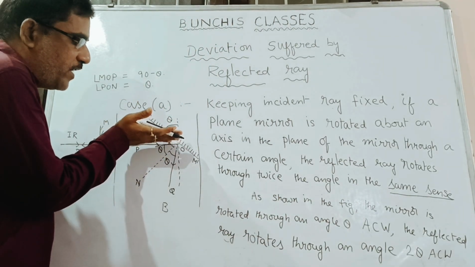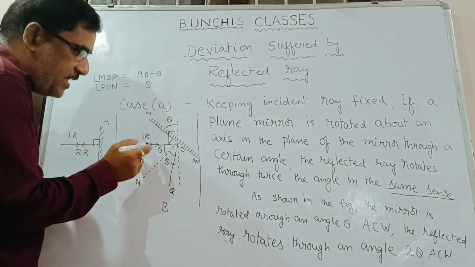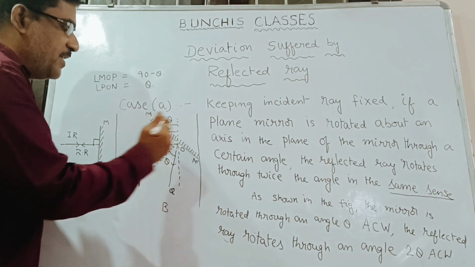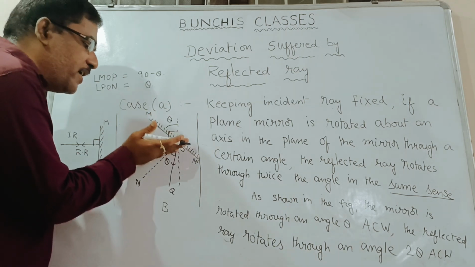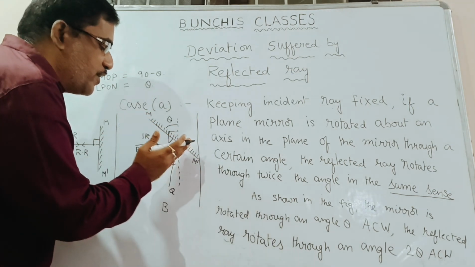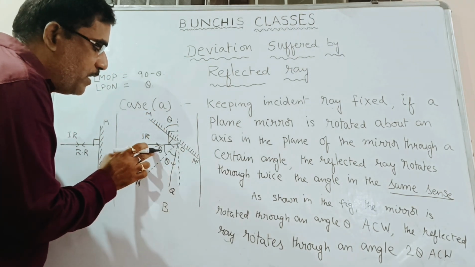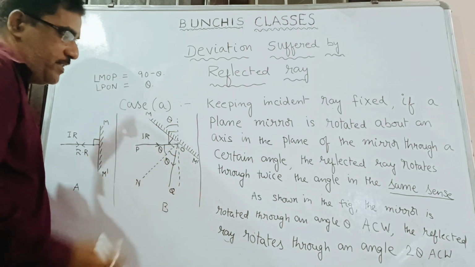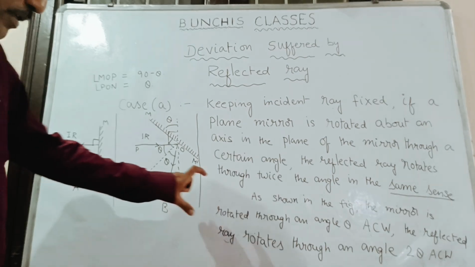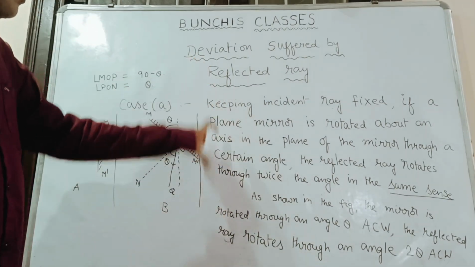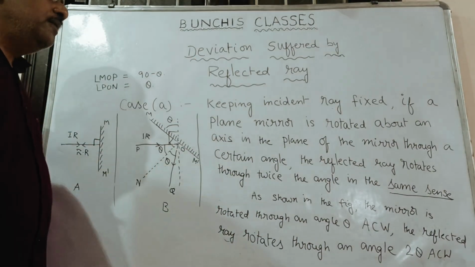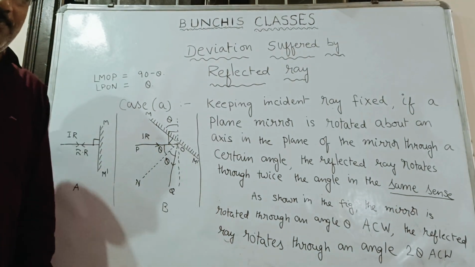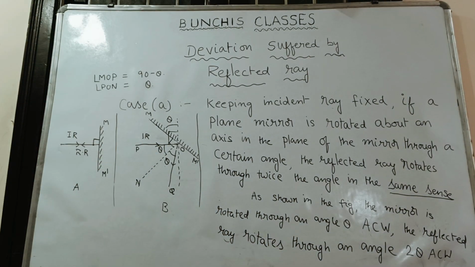Here you see the reflected ray which was in this sense in the previous case, it traced the same path. Now the reflected ray has taken a deviation of 2 theta angle in the same sense, anti-clockwise direction. Okay, understood? So now you pause the video and note the concept along with the figures.